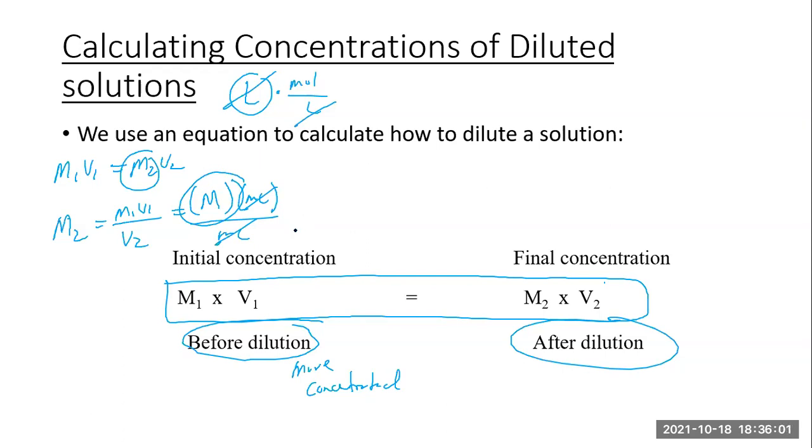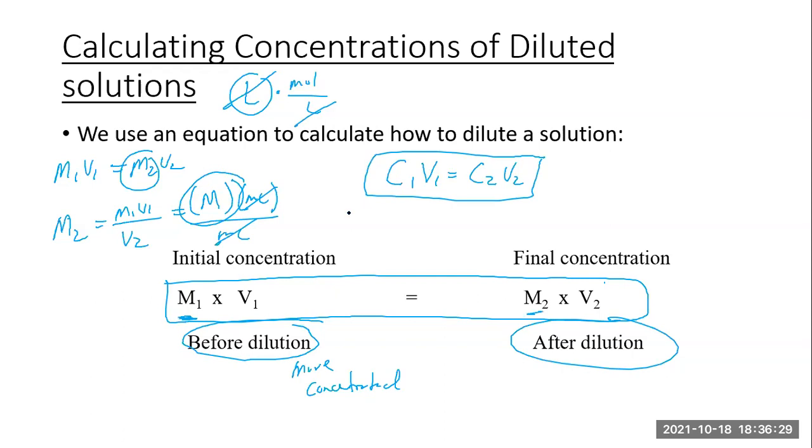There's also another version of the dilution equation that sometimes people use or see, and that is C1 times V1 is equal to C2 times V2. It's really the same deal. Again, most people use molarity, so this is a very common one.